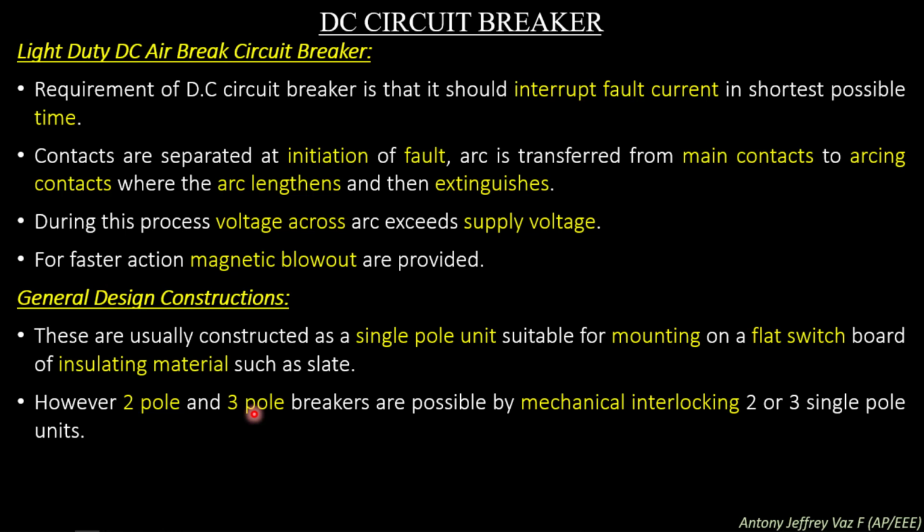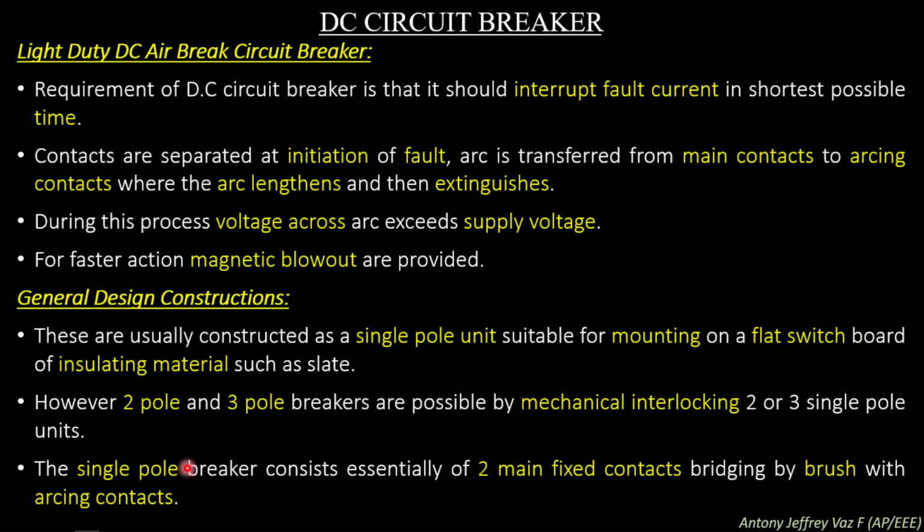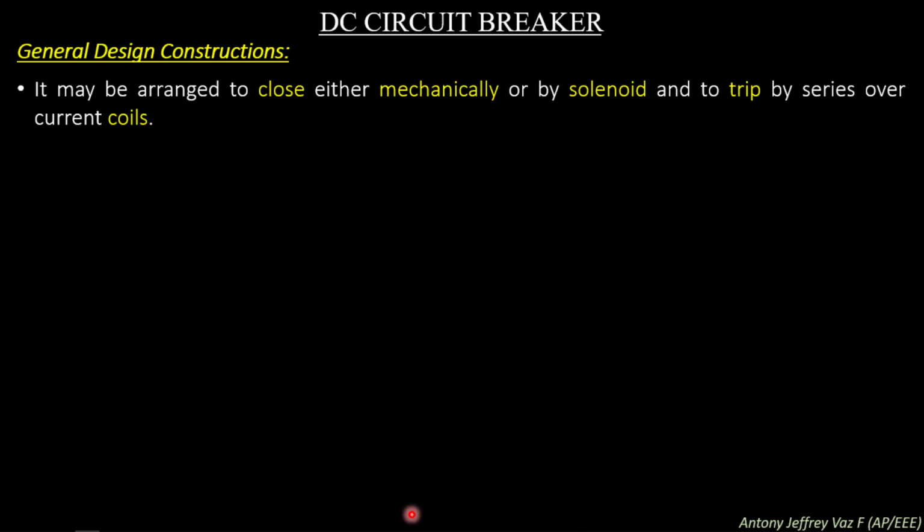The single pole breaker consists essentially of two main fixed contacts bridged by a brush with arcing contact. It may be arranged to close either mechanically or by solenoid, and to trip by series overload current coils.